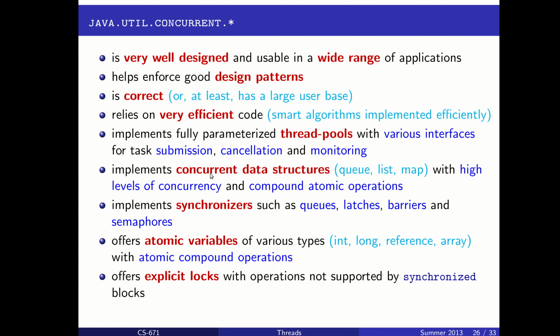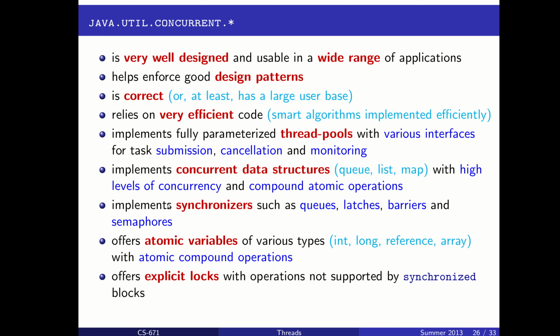It has implementations for concurrent data structures that are thread safe, and unlike the ArrayList example before, they will have atomic operations in them. If you go to add something to it, it will get done in a way that's guaranteed not to be interrupted or mixed in bad ways.